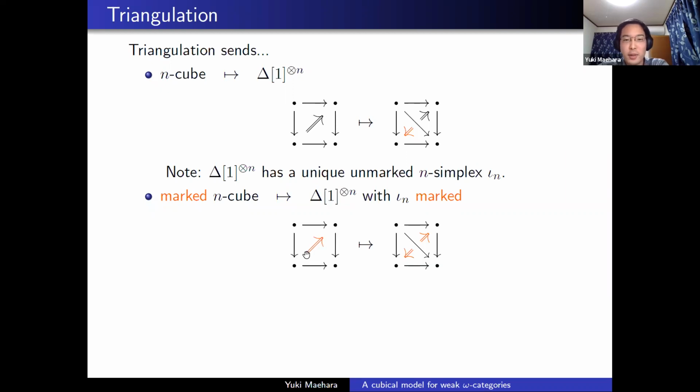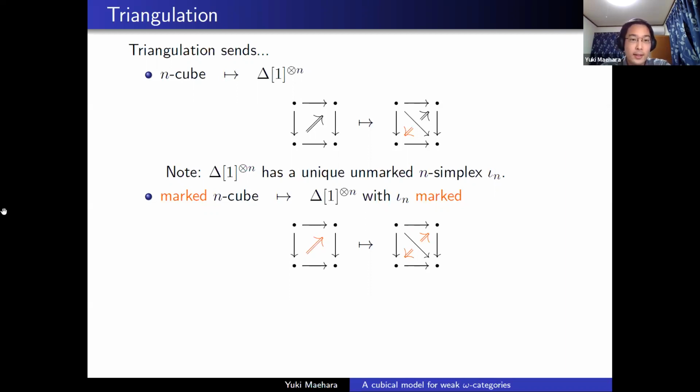Again, in dimension 2, this is what it looks like. Now both of these pictures are basically commutative squares after homotopy. So these conditions plus the co-continuity determine what the triangulation has to do.